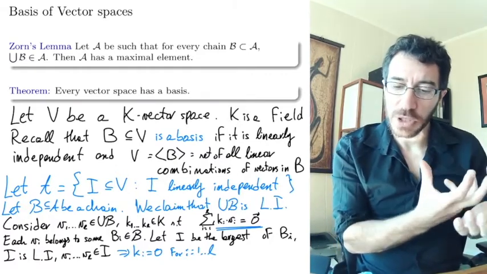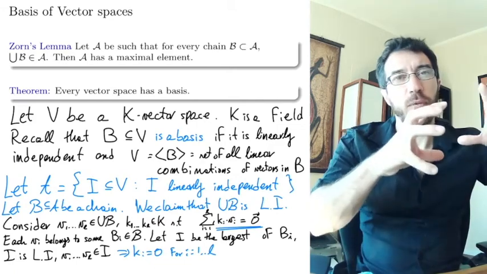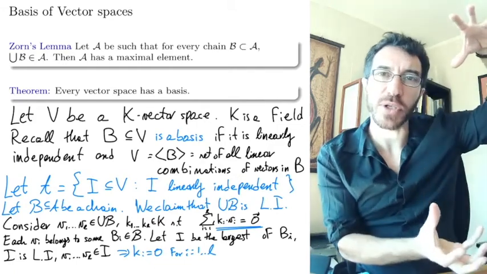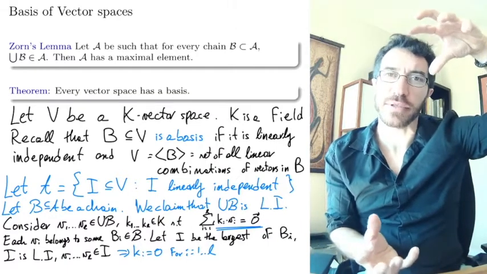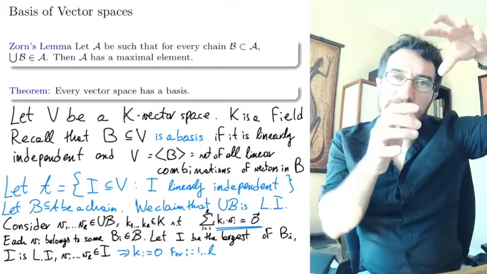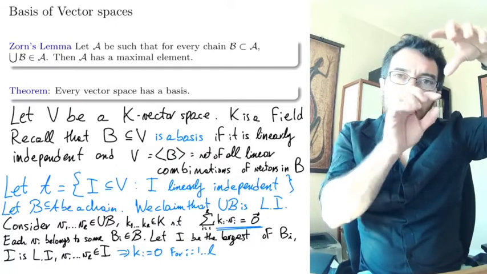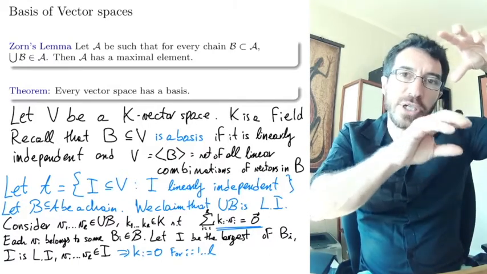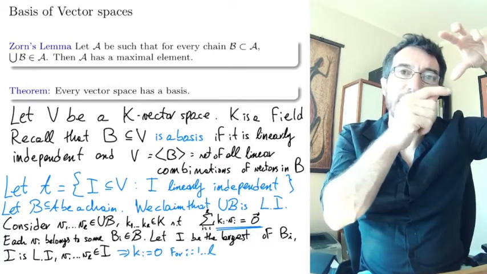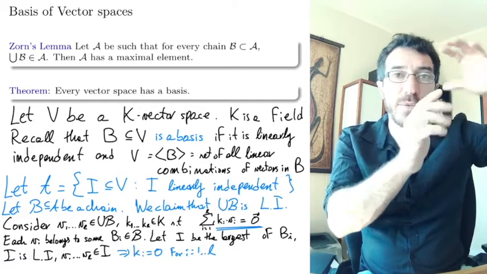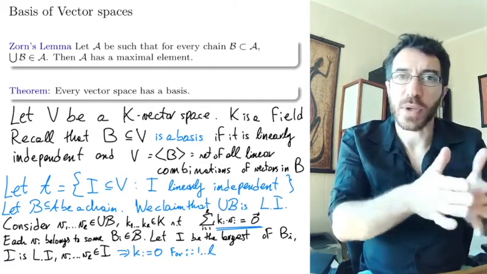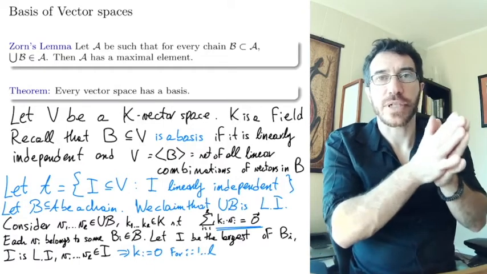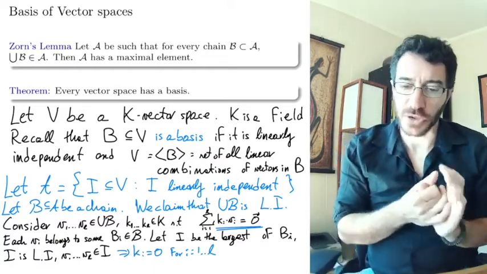So what you get is that when you're applying it to the union of this chain, since what you care about is finite tuples of vectors, the finite tuples must belong to elements of the chain, and they have a maximum because they are all nested, so they all belong to one single element in the chain. And then, since that element is linearly independent, these vectors satisfy the property you want, right? So this is very common.